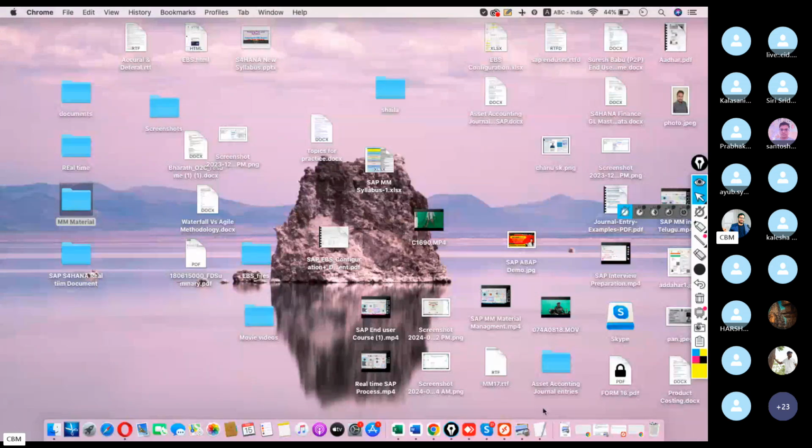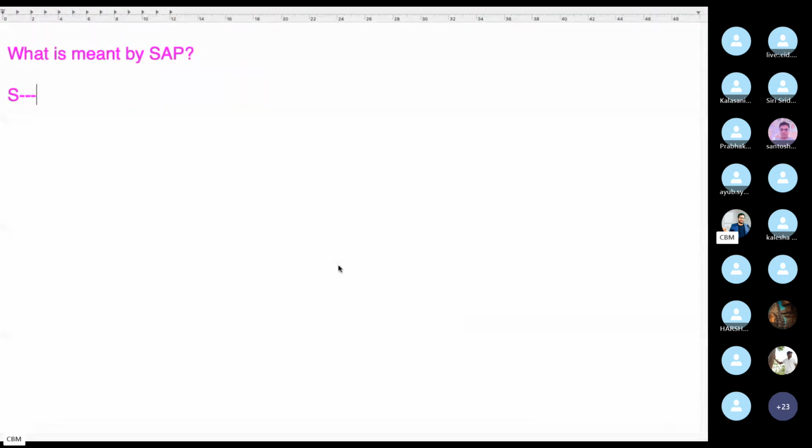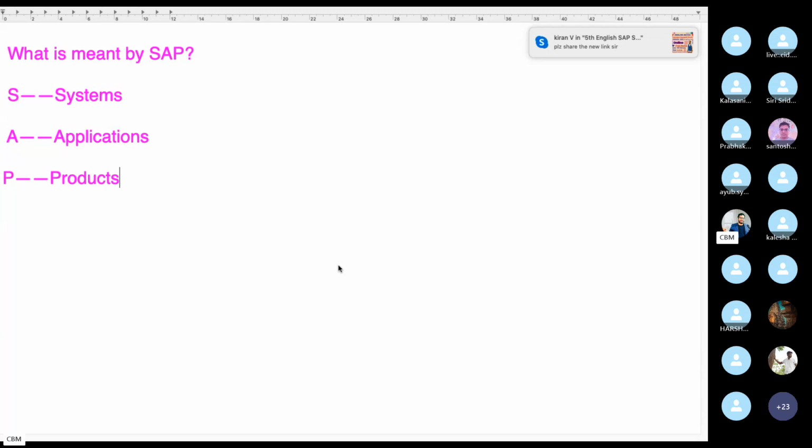Here SAP stands for: S for systems, A for applications, P for products in data processing. So SAP stands for systems, applications, products in data processing.